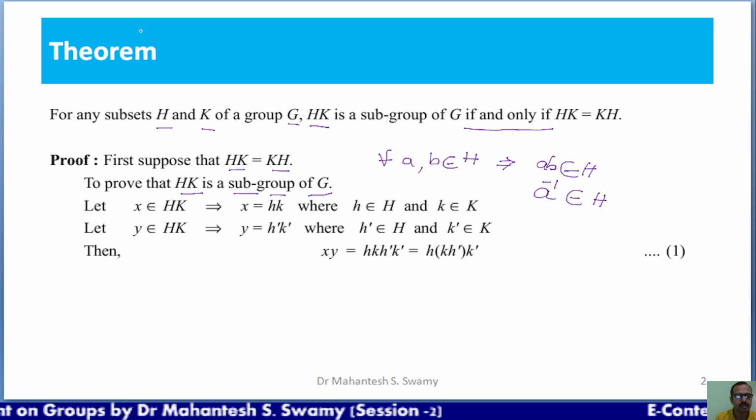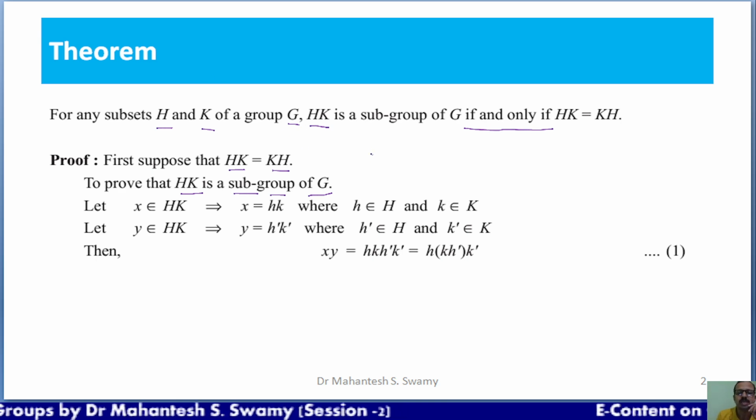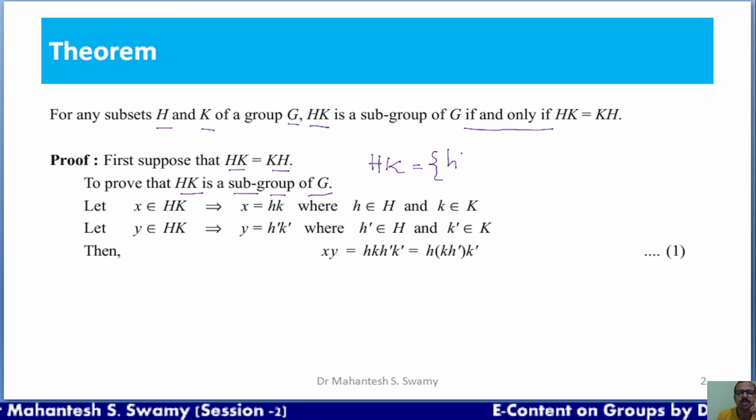Now one more thing we have to keep in mind is what KH actually stands for. See, KH or HK, we shall take HK first. So HK is a subset of G which contains the elements of the form small h into small k. Here into means whatever binary operation is defined in G, so h star k you can say.